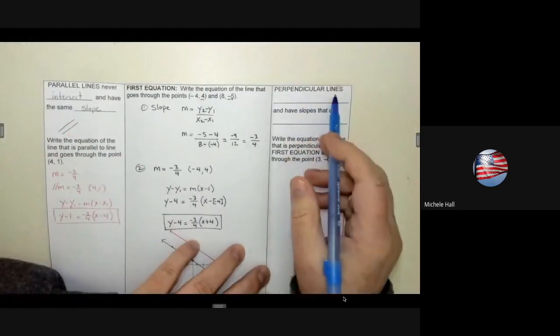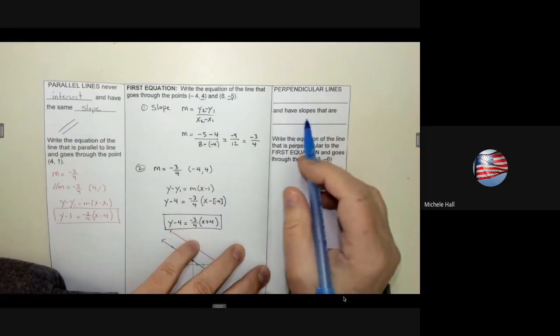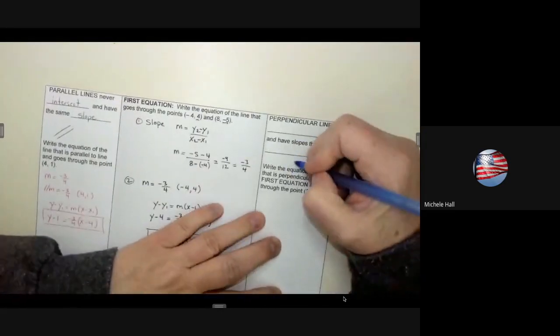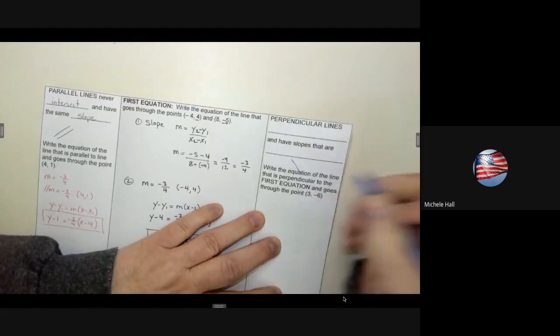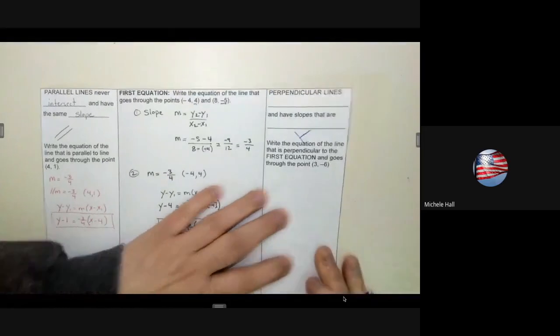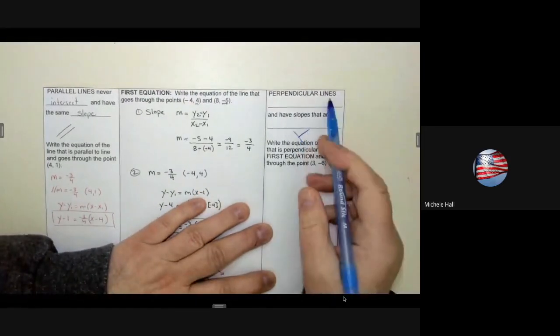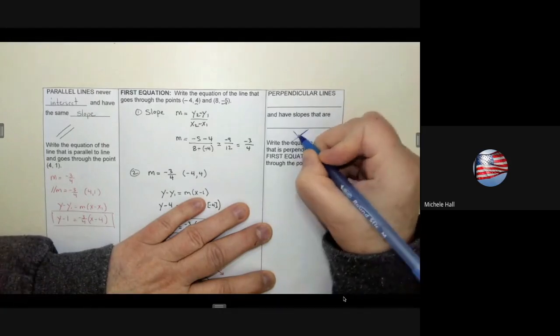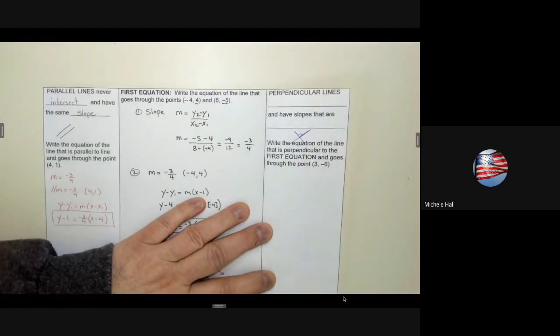Perpendicular lines blank and have slopes that are blank. Here is the equation of my first line, and I'm looking for a line that is perpendicular. Perpendicular lines what? If I extend this, we know it's perpendicular, it has a right angle.